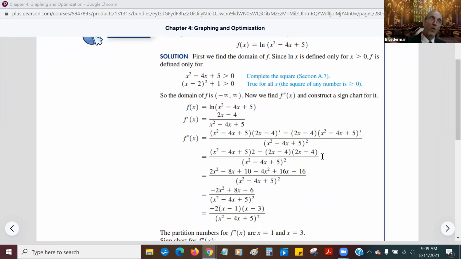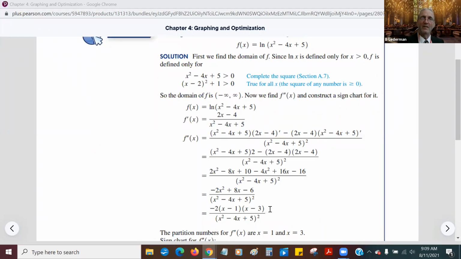So even though I'm, in air quotes, not requiring you to simplify your answers, if you don't simplify it sometimes, you're not going to get to what you want, because I can't look at this and see what the partition numbers are. I can't look at any of these. It's not really till I get down to the bottom one that I could see right away x equals 1 and x equals 3. Those are my partition numbers. So I need that.